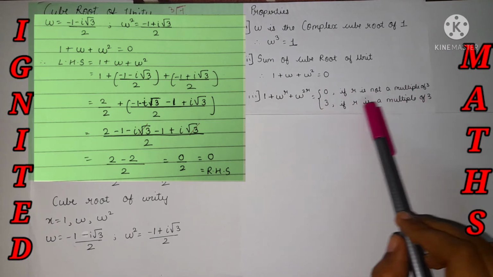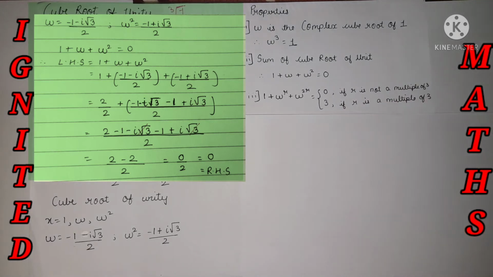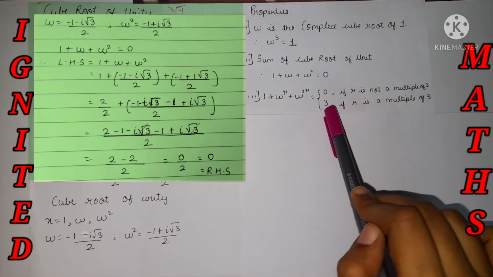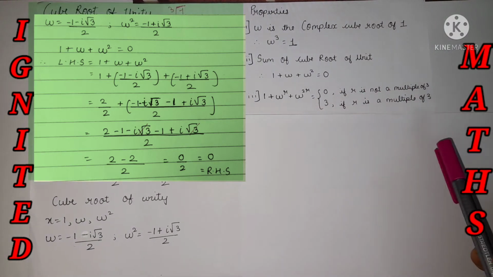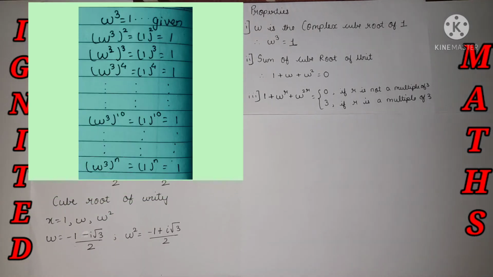The condition is: if r is not a multiple of 3, the value is 0; if r is a multiple of 3, which is nothing but the 3 table, 3 1s are 3, 3 2s are 6, 9, 12, 15, 18, 21, 24, etc., then the value will be 3. We'll solve a question related to it. In the properties itself I have a small question with which the concept will be even clearer.